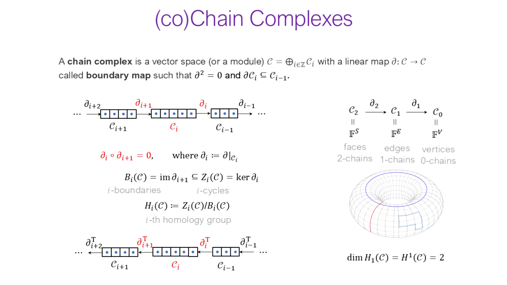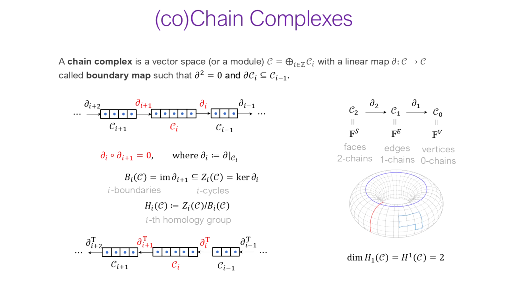A canonical example of this complex: if we, for example, consider a torus and its cellulation into squares, we can have three types of spaces: linear combinations of squares, linear combinations of edges, and linear combinations of vertices. And we have a very natural map that is called the boundary map.